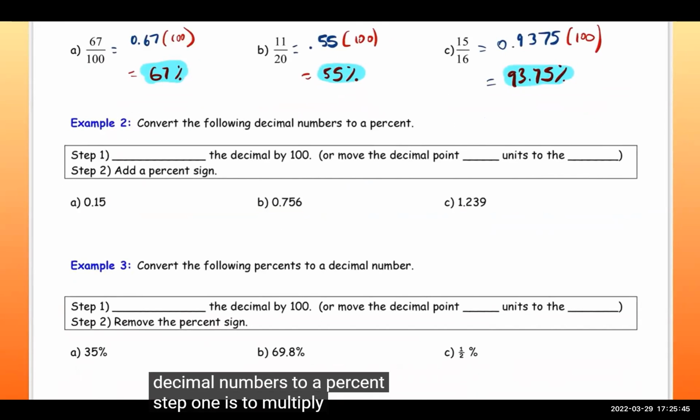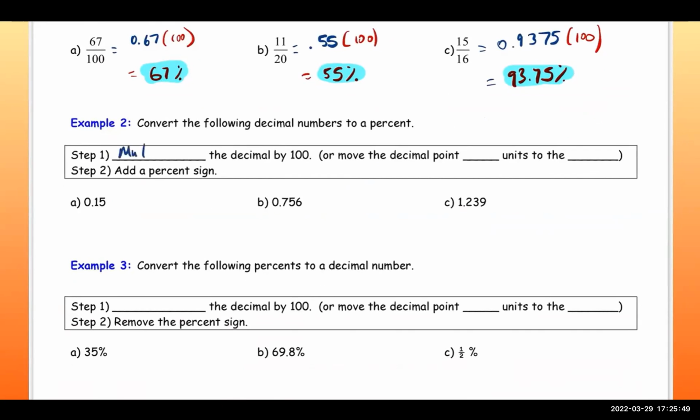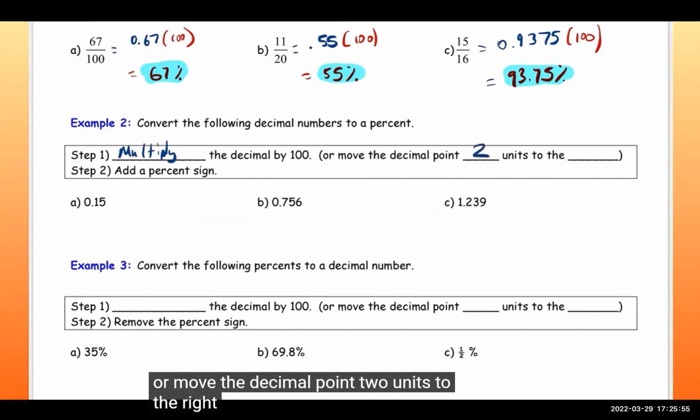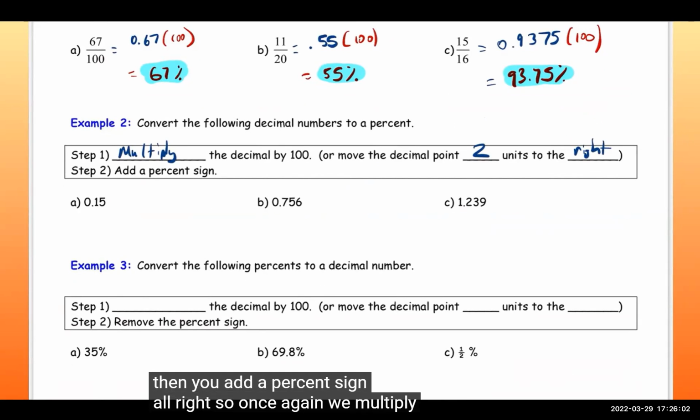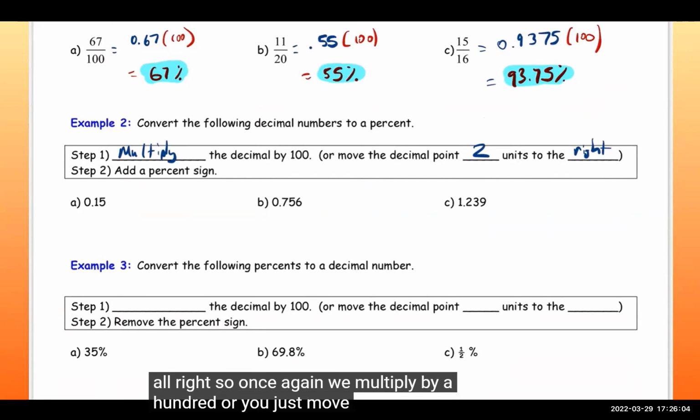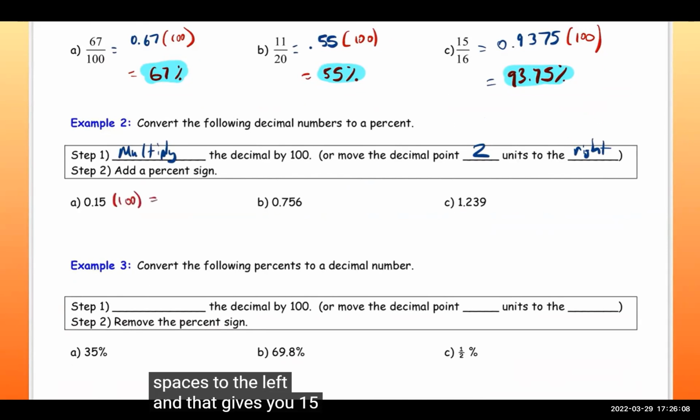Moving on. Convert the following decimal numbers to a percent. Step 1 is to multiply the decimal by 100. Or move the decimal point 2 units to the right. Then you add a percent sign. All right, so once again, we multiply by 100, or you just move the decimal 2 spaces to the right, and that gives you 15.